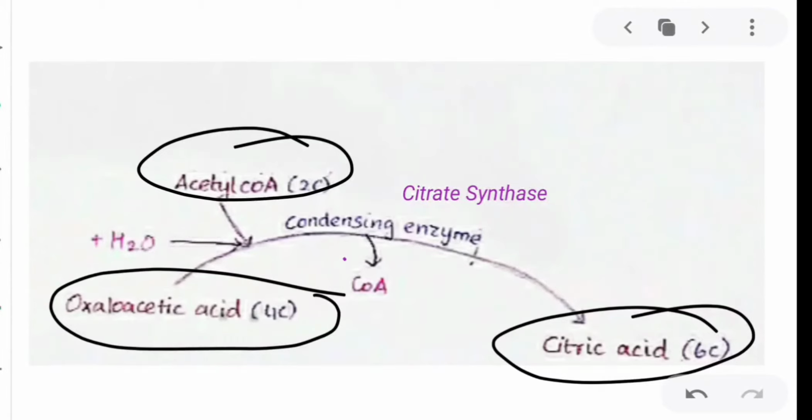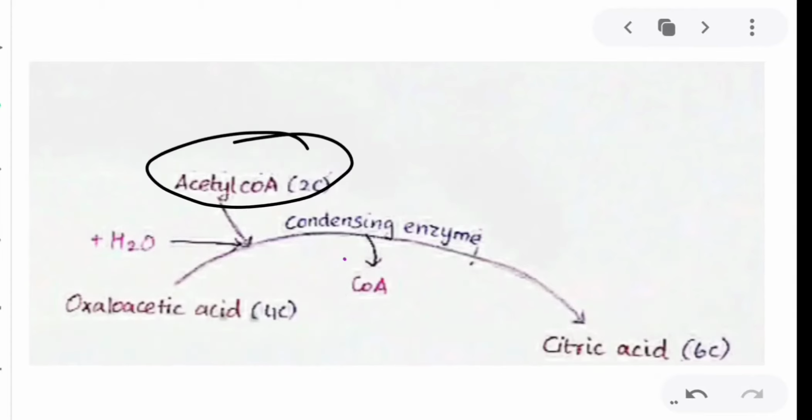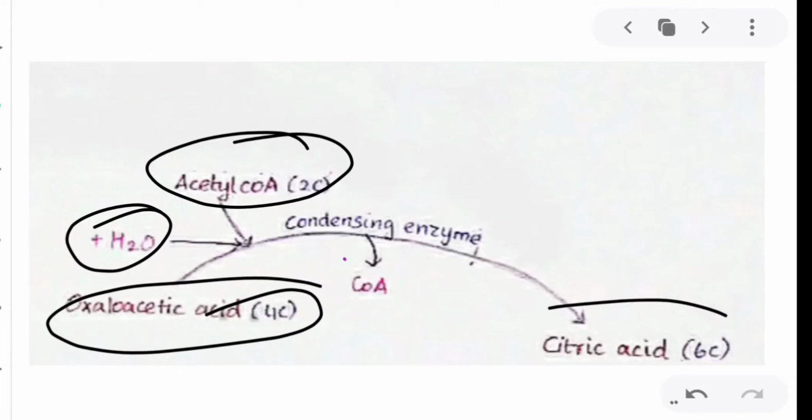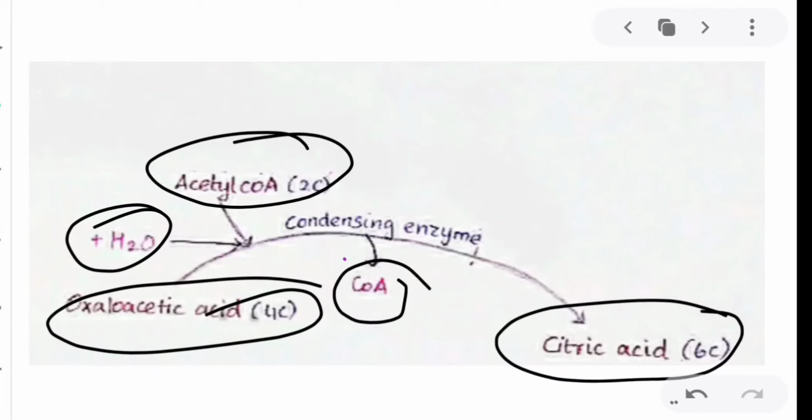Here H2O is also inserted: acetyl-CoA along with water and oxaloacetic acid forms citric acid, and CoA is released.